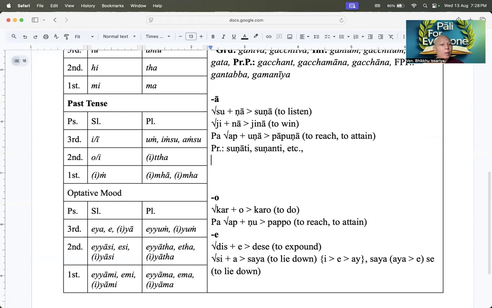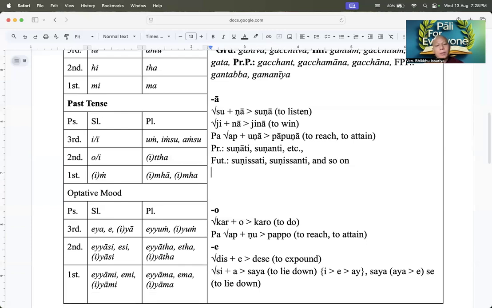And then now the future tense. Future tense is like sune sati and then sune sandi and so on. Okay. And then the imperative also.